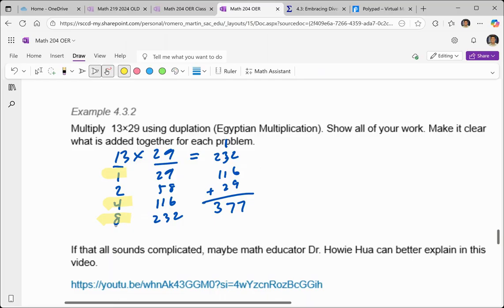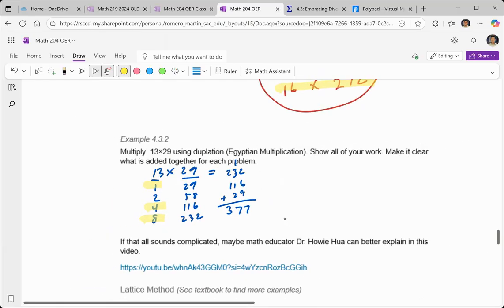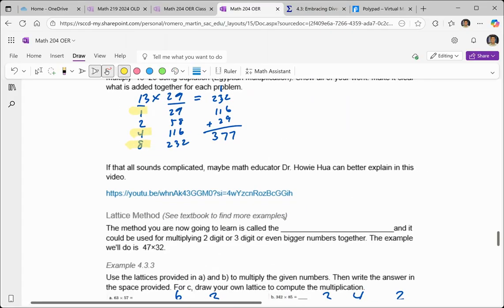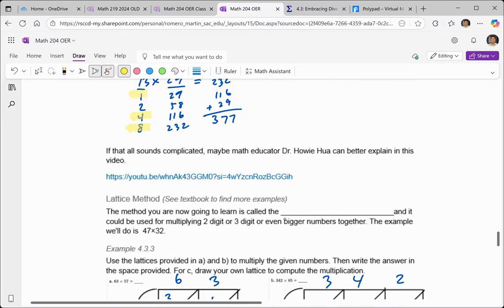So I have 8 here, 4 here, and 1 here. You add those up and you get 377. Just another way to think about it. Not going to say it's going to replace, but it's this idea, back to mathematical mindsets, that mathematics makes sense, things are connected, it can be creative, and there are multiple ways to solve problems, not just one way.